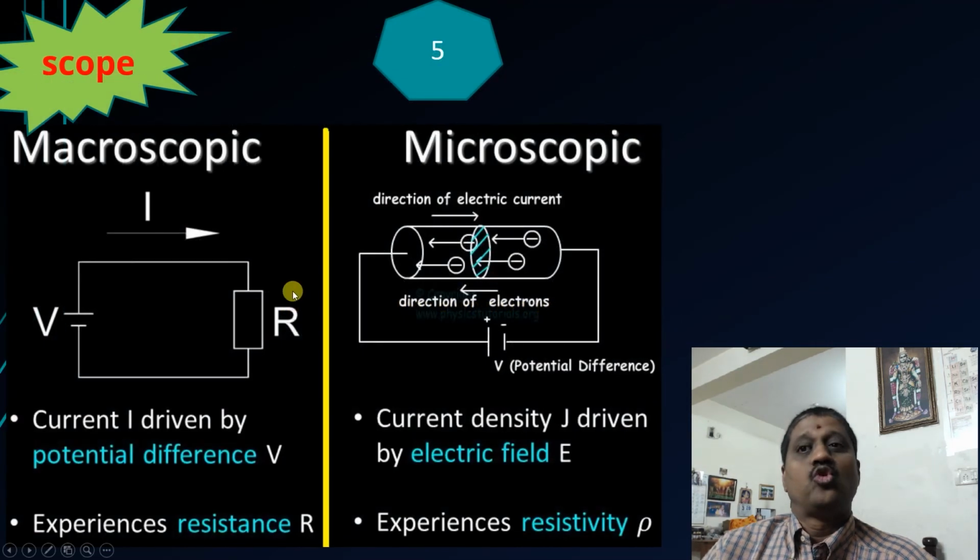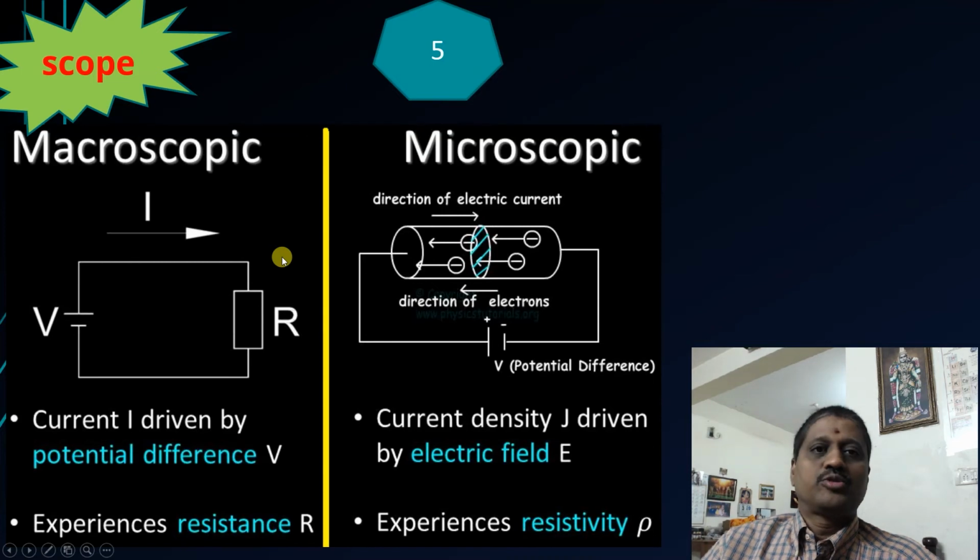Okay. Then scope. Here you have to go beyond your 10th, you have to go for 12th. Resistance, when we are talking, is for the given voltage, the potential difference in the circuit; the current driven experiences resistance on the macroscopic scale.